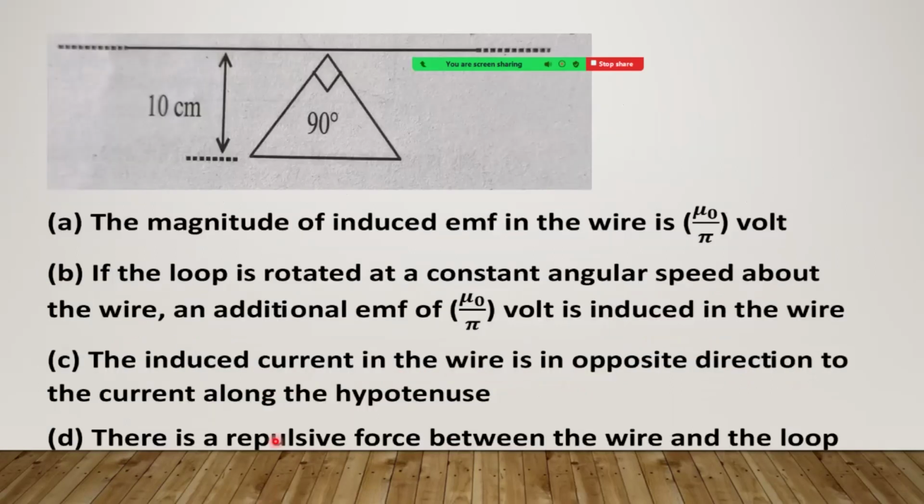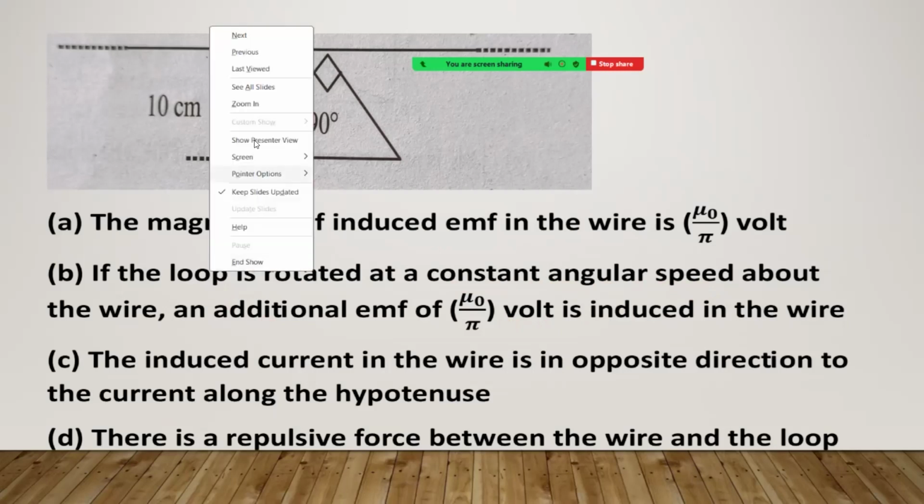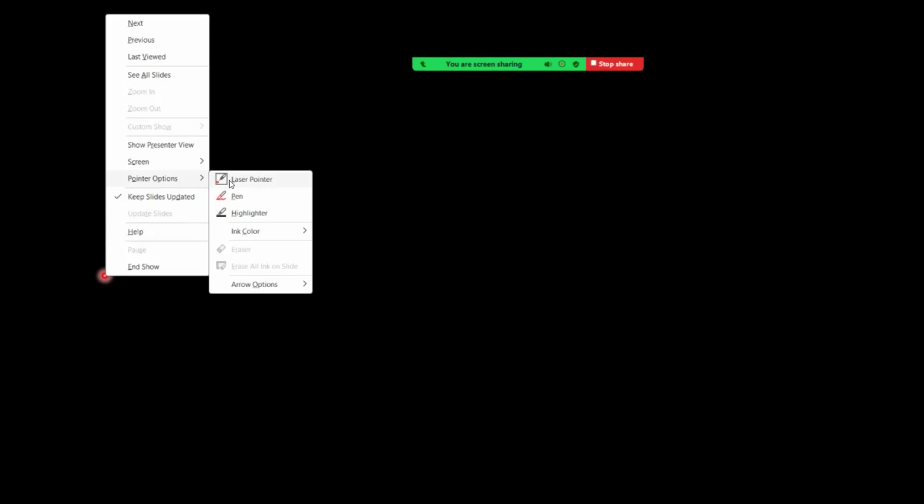Let us see. Options are given. We have to calculate the magnitude of induced EMF, and next, if the loop is rotated at a constant angular speed. First focus on how to start the problem. So make the given diagram.